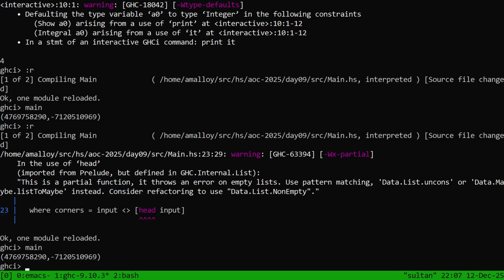And, well, okay, so, but like, this number, that's around 5 billion. That's the area of the largest rectangle I could make, ignoring red or greenness of tiles.